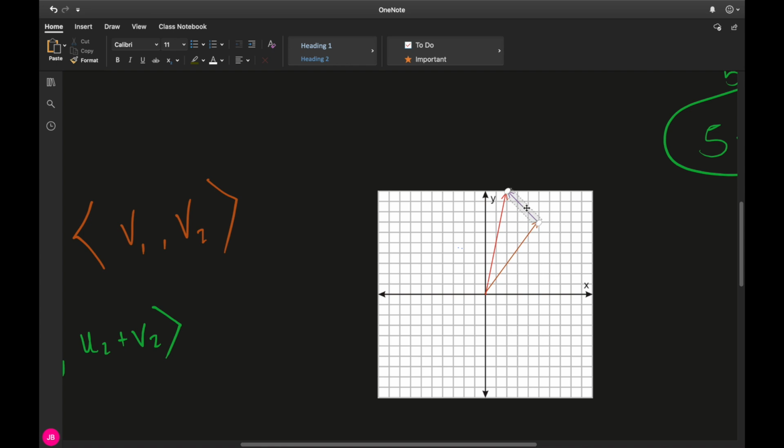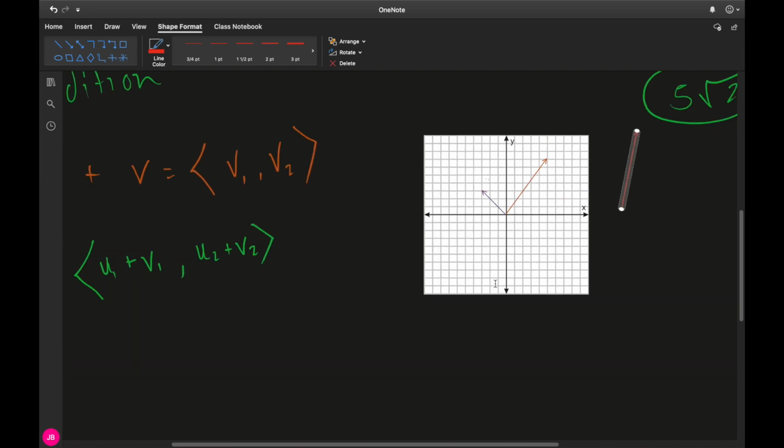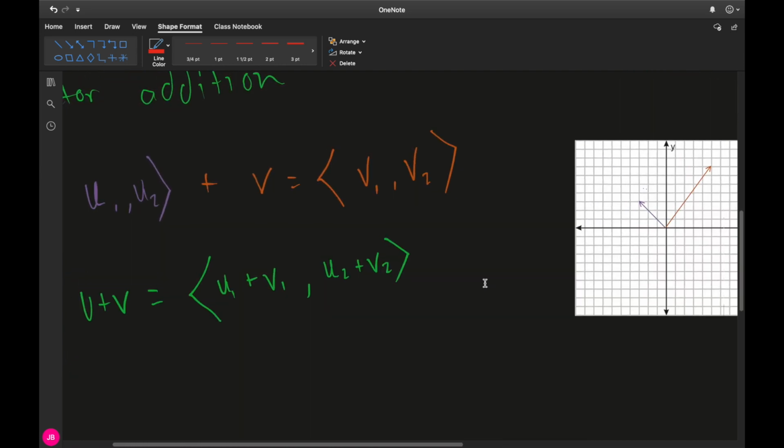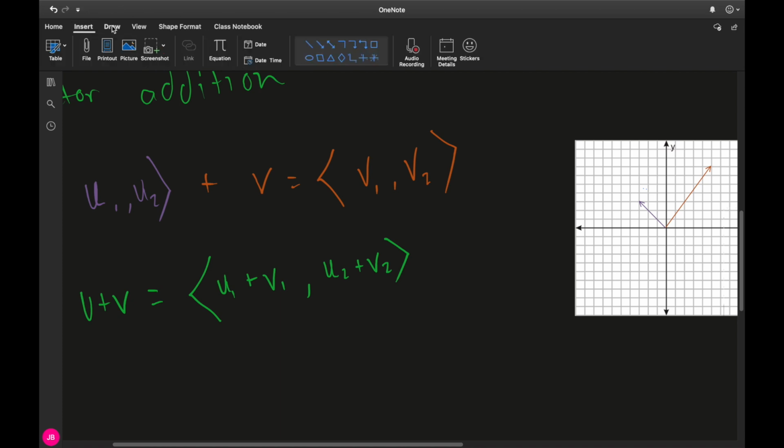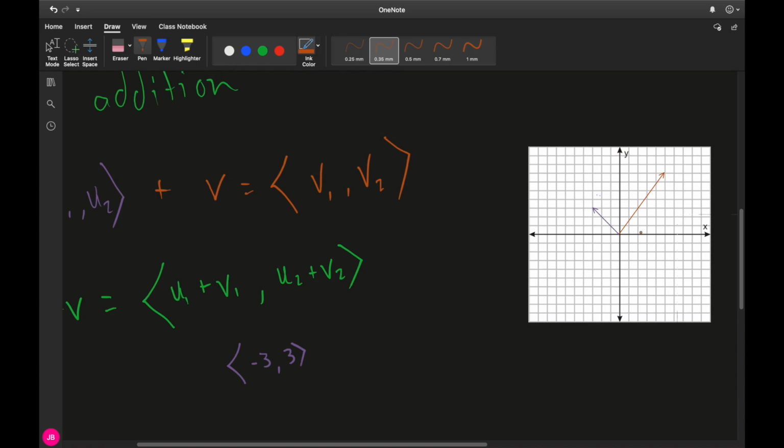Now let's go ahead and prove it. Let's go ahead and put this one back where it was, and let's move this off screen for now. So if I look at these two vectors that I have, I know that this smaller purple one, u, is equal to negative 3 comma positive 3. And v is 5 comma 7.